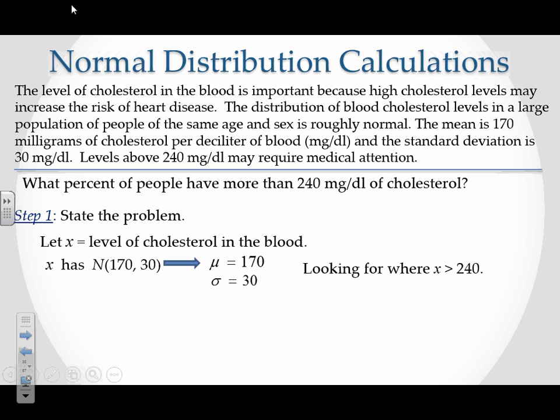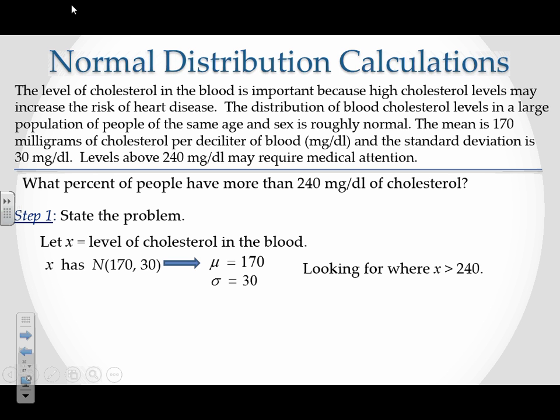So the first thing I would need to do is take this boundary value, this 240, that's our point in question, and do what with it? What do I have to do with that 240? Standardize it. 240 doesn't mean anything on the standard normal distribution. There is no 240, right?